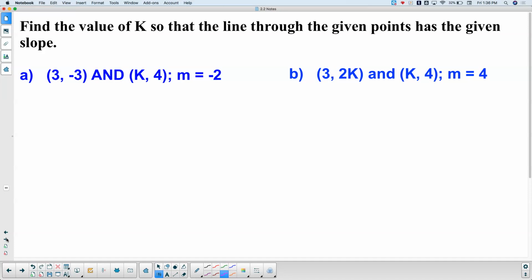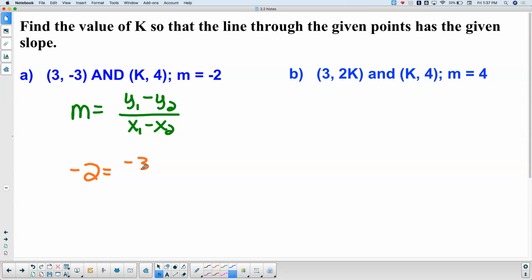So you're going to start here with your slope formula. And then you're going to fill in everything that you know. I know that the slope is -2. I know that one y value is -3 and the other y value is 4.